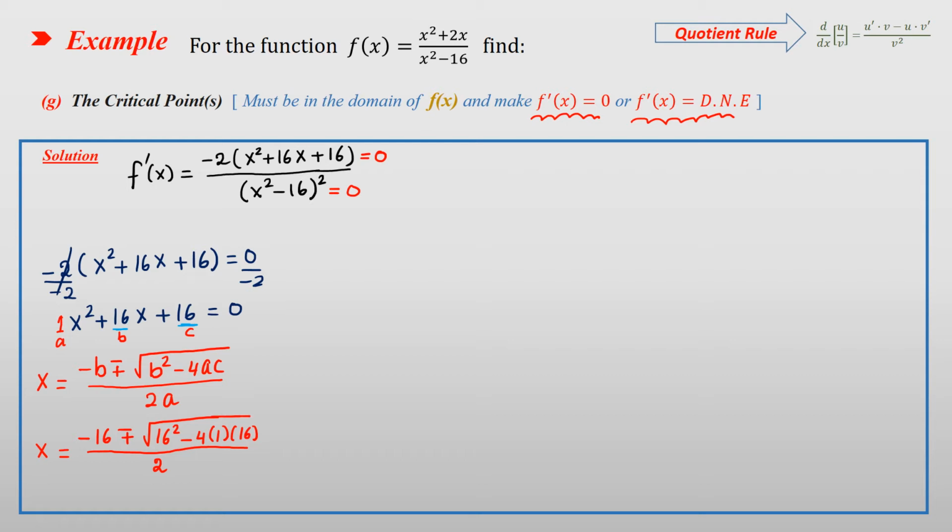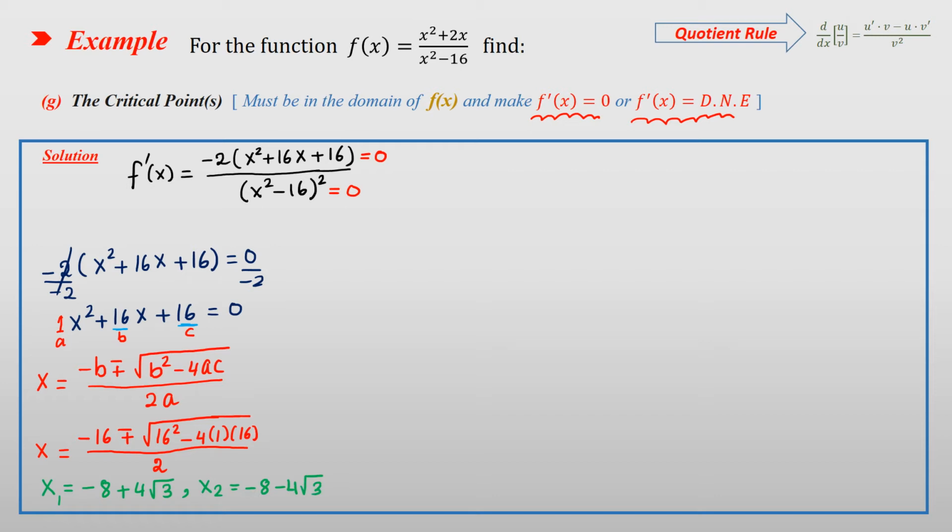So we have x equals, the first root, negative 8 plus 4 square root of 3, and the second root is negative 8 minus 4 multiplied by square root of 3.